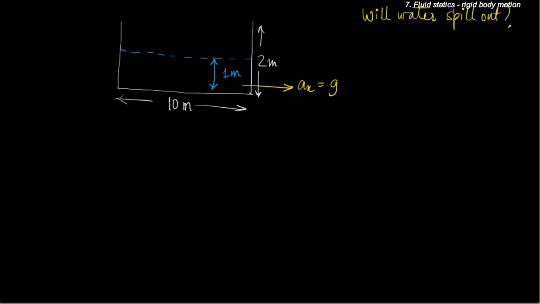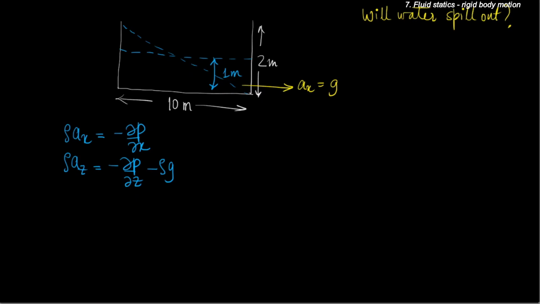So we know that when this container will accelerate towards this direction, the water will have a tendency to form a surface like this. So accordingly, we have to find out whether or not there will be any spillage. So we have rho times ax equal to minus del p del x, and rho times az is equal to minus del p del z minus rho times g.